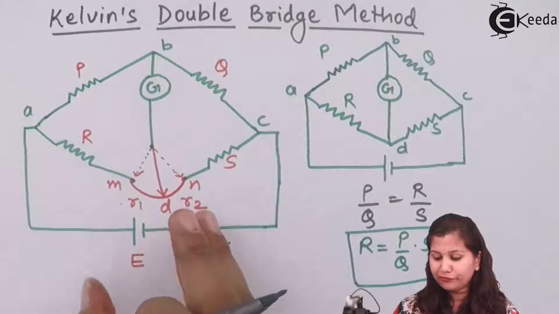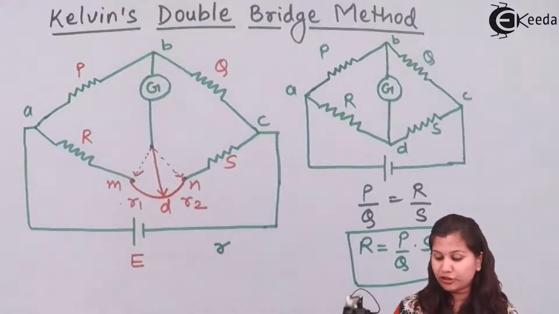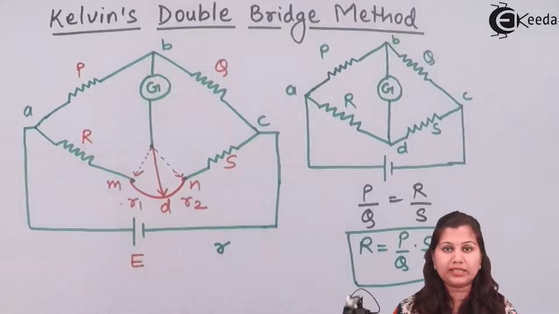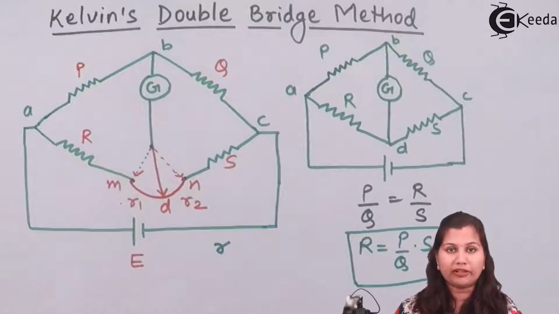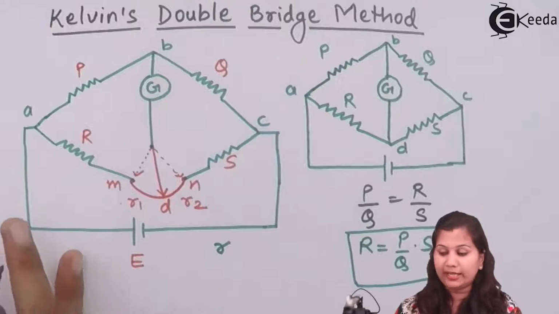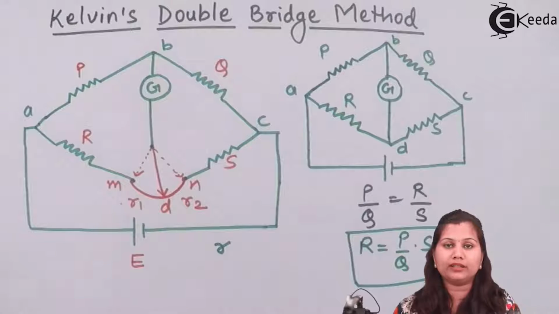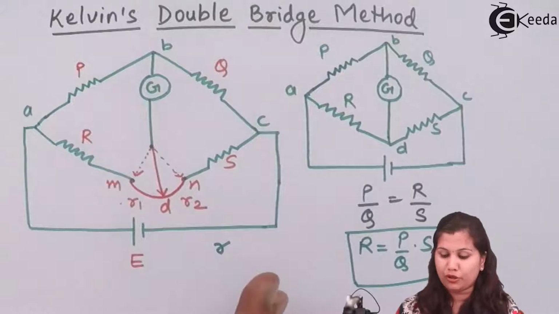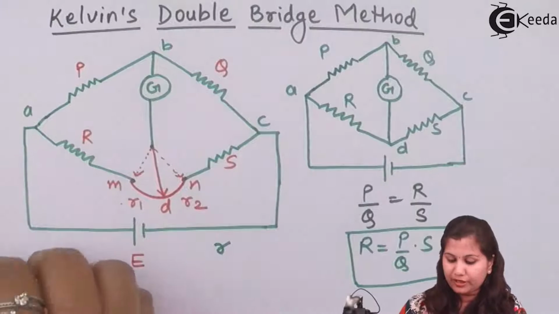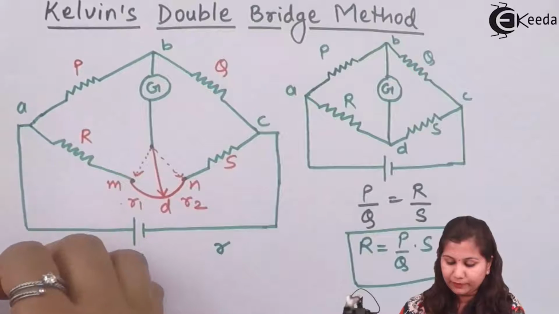So instead of searching for this intermediate point D, we are making a modification in this Wheatstone bridge, and that modification is called the Kelvin double bridge. In Kelvin double bridge, there is a simple modification.